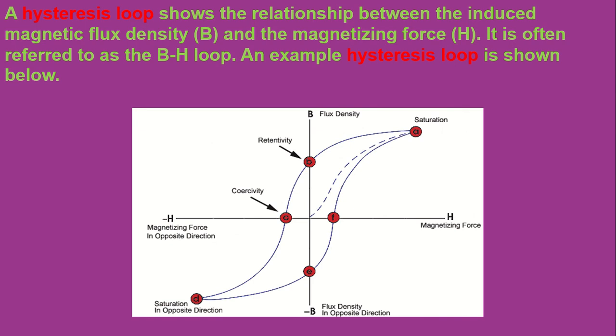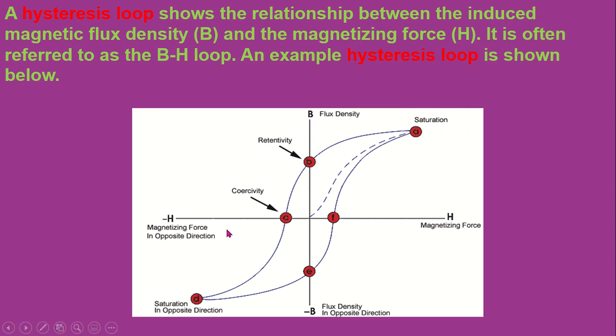After magnetizing a ferromagnetic substance by applying a magnetic field, if the applied field is withdrawn, it is seen that it does not demagnetize easily.